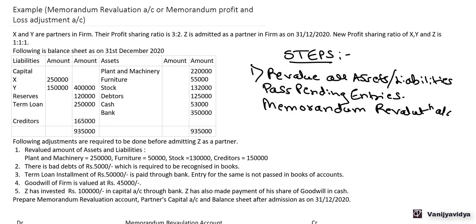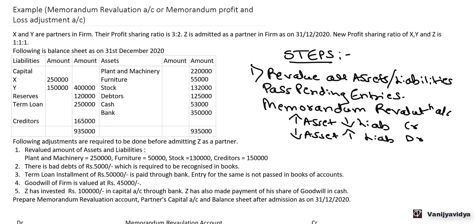Now, the impact of increase and decrease in the asset in the memorandum revaluation account will be the same. If there is an increase in the asset or decrease in the liability, then credit memorandum revaluation account. If there is a decrease in the asset or increase in the liability, then debit memorandum revaluation account.